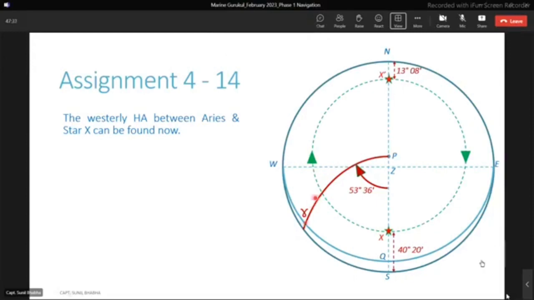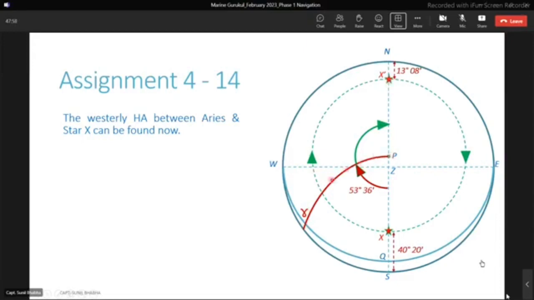Now you see, we can find out the westerly angle between Aries and star X. When Aries was at this particular location at the time of evening twilight, our star was at the location of X dash.